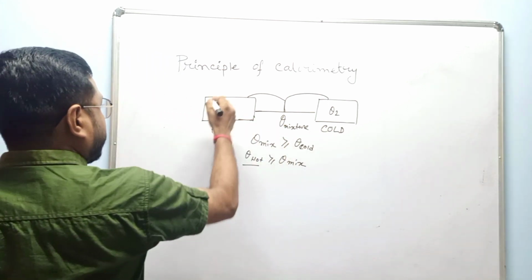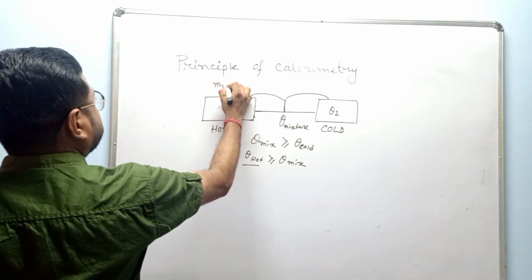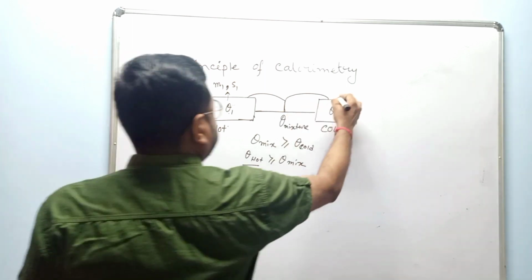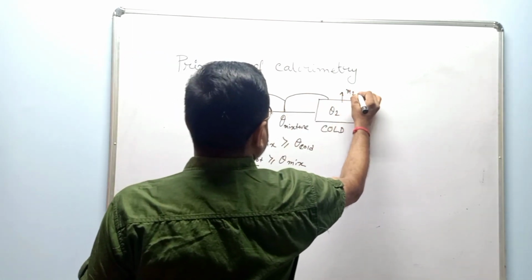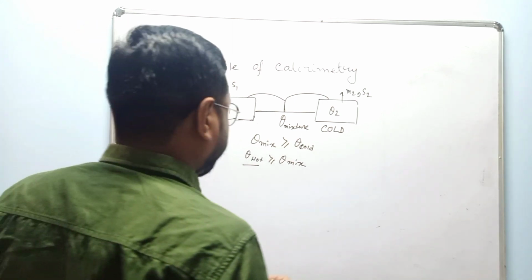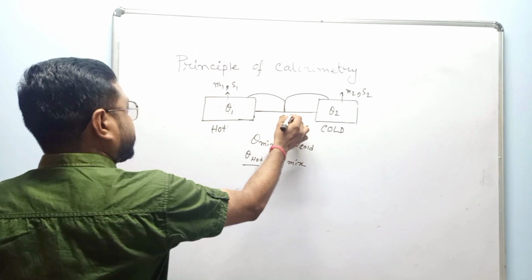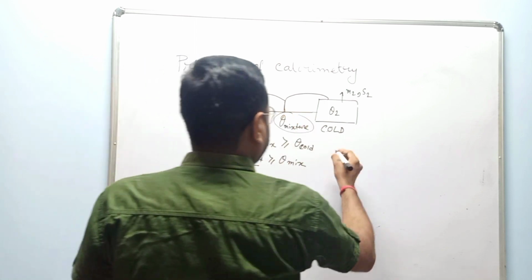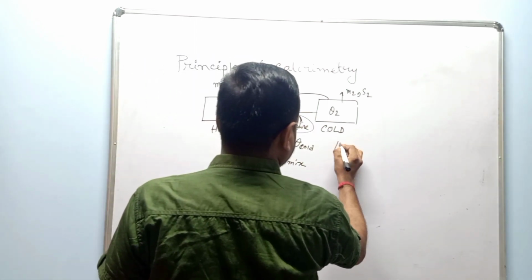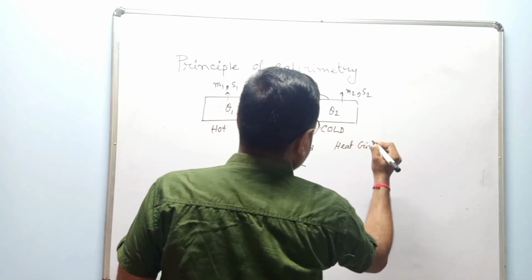If the hot body has mass m1 and specific heat s1, and the cold body has mass m2 and specific heat s2, then according to the principle of calorimetry, when they reach thermal equilibrium, both have temperature theta mixture. Heat given must be equal to heat taken.